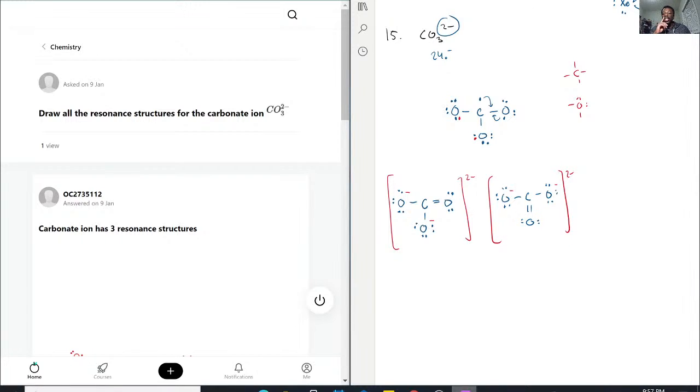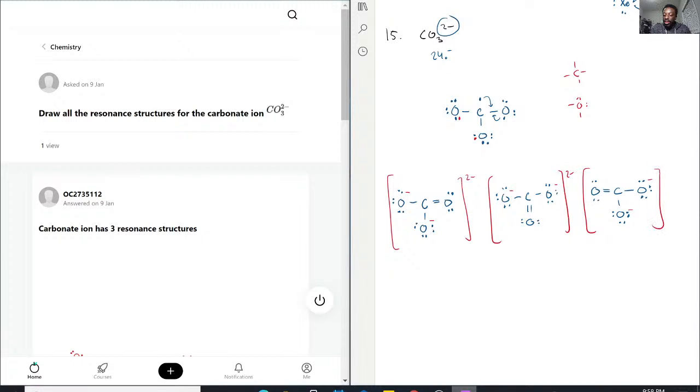And now you're probably guessing, okay, then that means the last one you can draw is now when the double bond is all the way on the left, which is what we're going to draw. Okay, this would also be a different resonance structure because now we have the formal charges on the left, on the right, and on the middle carbon.